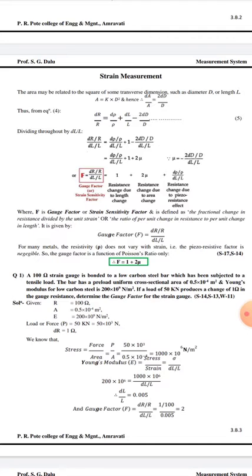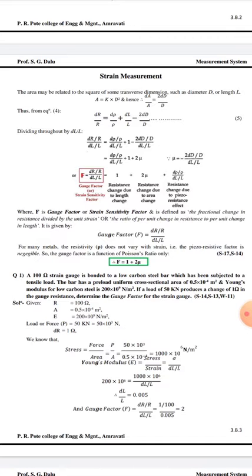Now Young's modulus is given, capital E equal to stress upon strain. Stress is represented by sigma and strain is represented by del L upon L. Here what we are interested to calculate is del L upon L, means longitudinal strain.